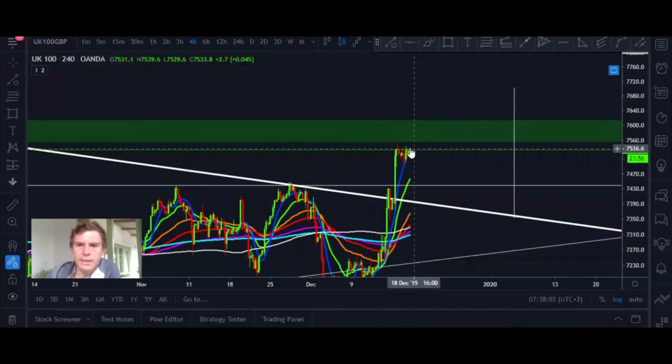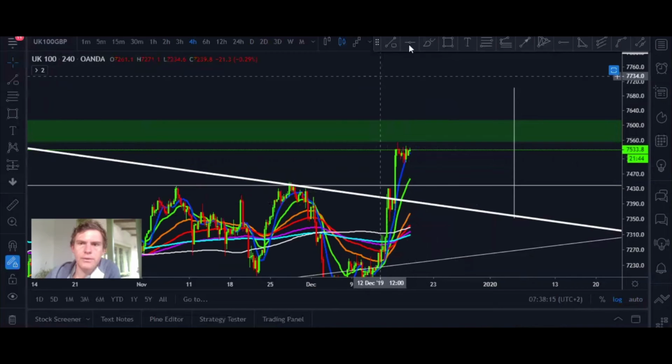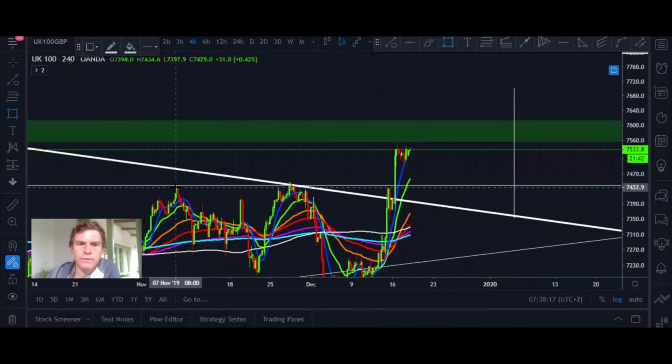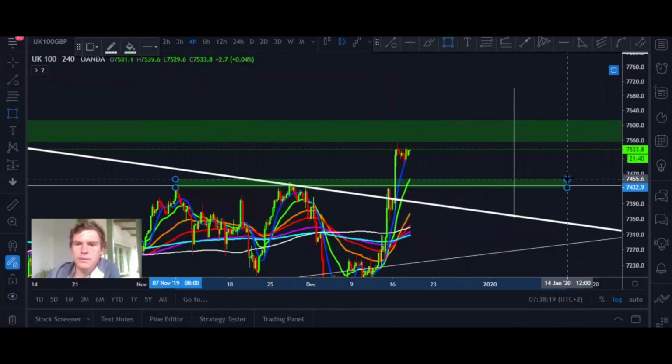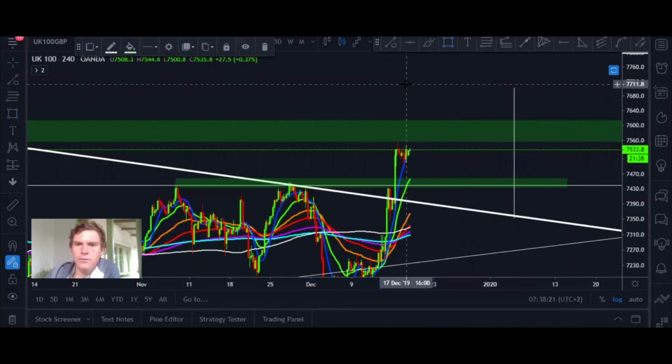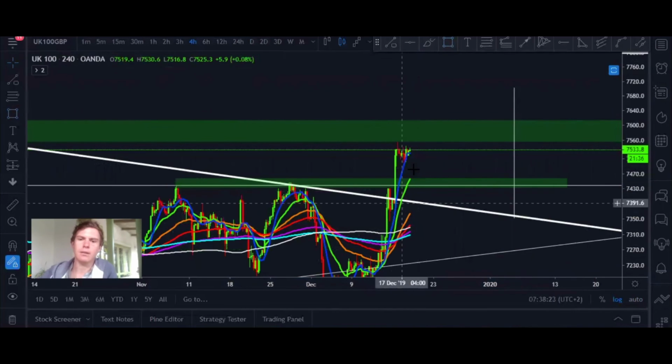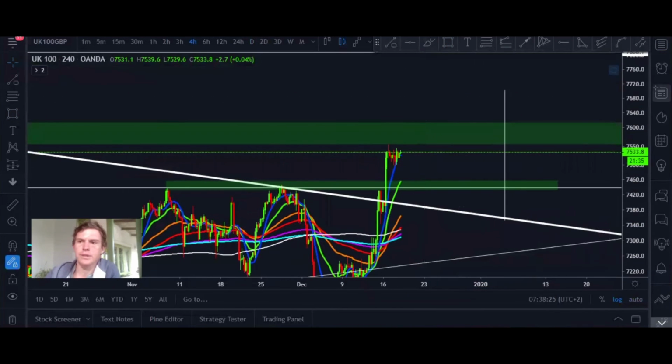So I would probably be looking for this to come back down to about 7445. If I can find some kind of good entry reason around this area, so this is the zone I'll be looking for. If I can find a decent reason for entry at that point, I'll go long on the UK 100 for sure.